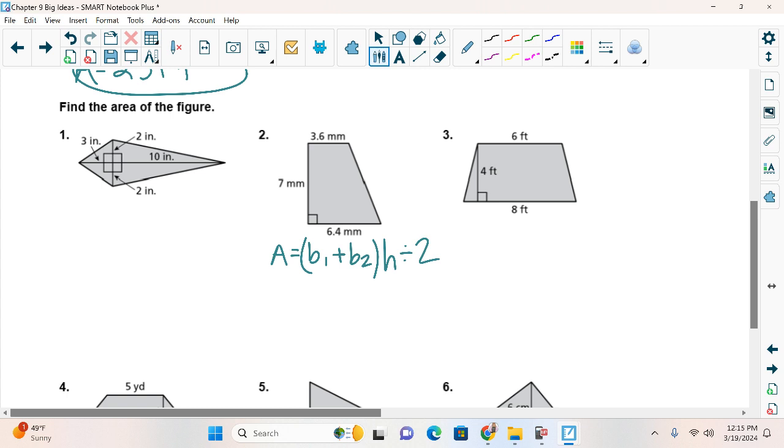So base 1 is 3.6 plus 6.4, parentheses. My height is 7 divided by 2. And I plug it straight into my calculator.